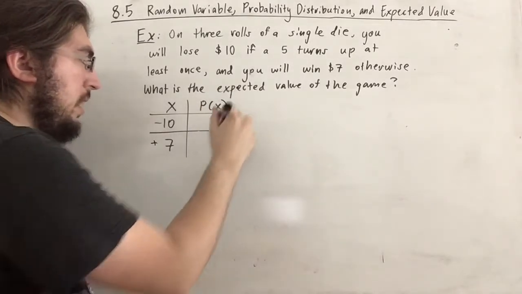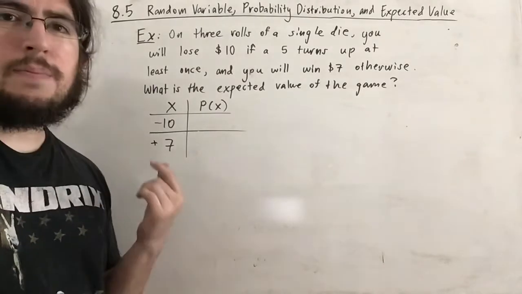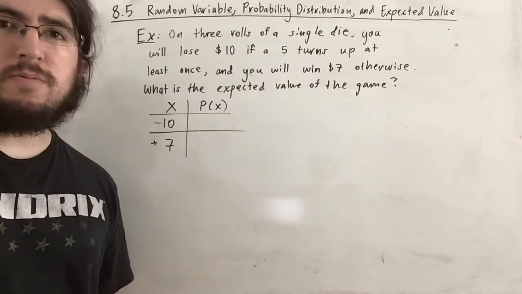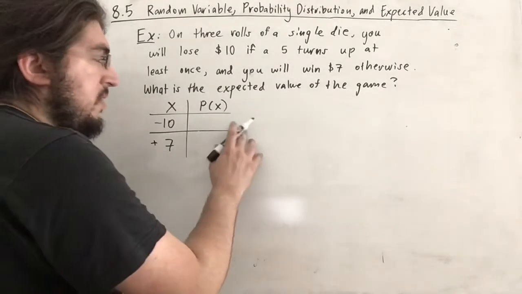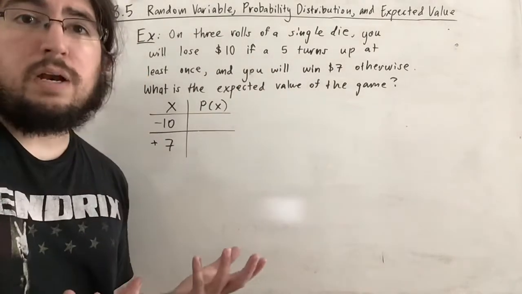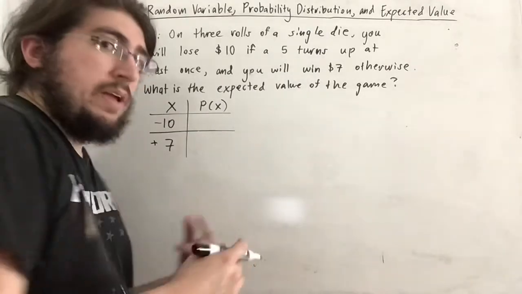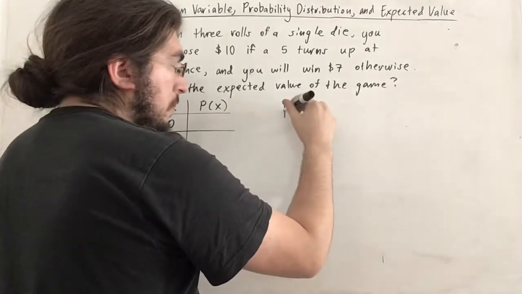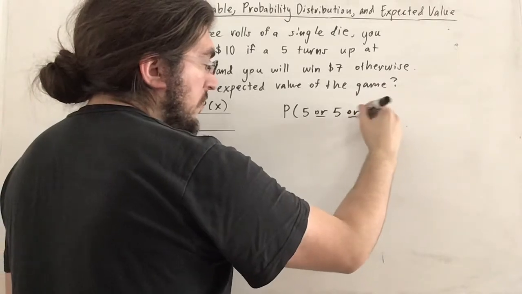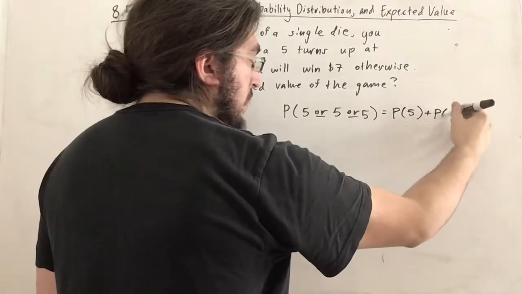And what is the probability of a 5 turning up at least once from 3 rolls of the die? Well, if you think about it, the probability of rolling a 5 once is just 1 out of 6. But if you have 3 chances, then either you roll a 5 in one of the 3. So the probability of rolling a 5 on the first one, or a 5 on the second one, or a 5 on the third one is equal to the probability of rolling a 5 on each one of them, added together.